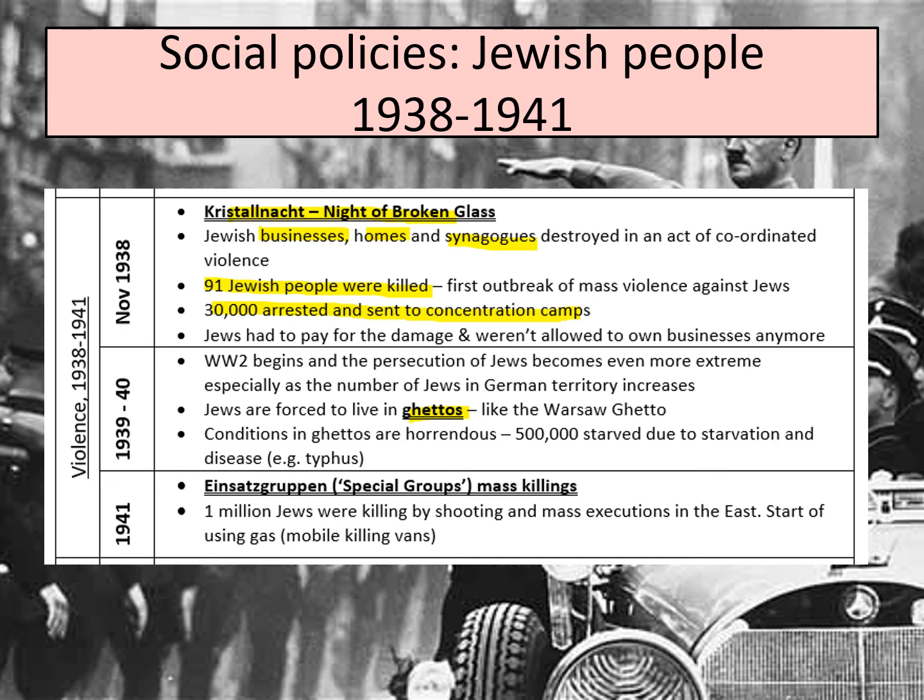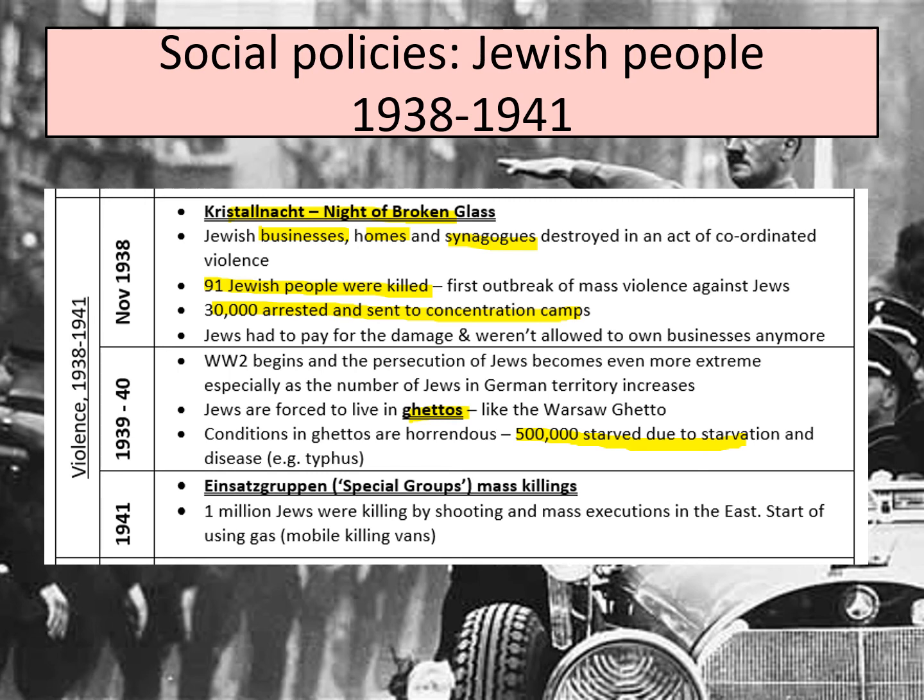These were areas of the city that they cornered off, they put Jews in, and then they walled them up in there. They were crowded, there wasn't enough food, and over 500,000 people died due to starvation and disease in these ghettos. Conditions were horrendous, and deliberately so, to try and make sure that as many Jewish people died as possible.